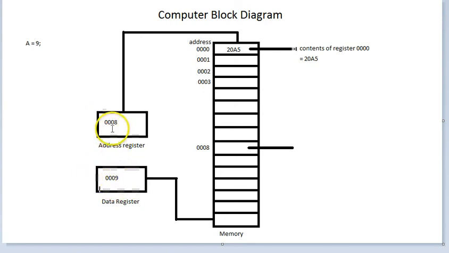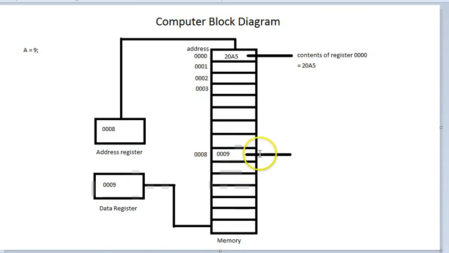Now if we do a computer write, this will go ahead and go down to location 8. This 9 will then be placed into that location. So this is then our result. Location 8, which is A, now has a value of 9 stored in it.